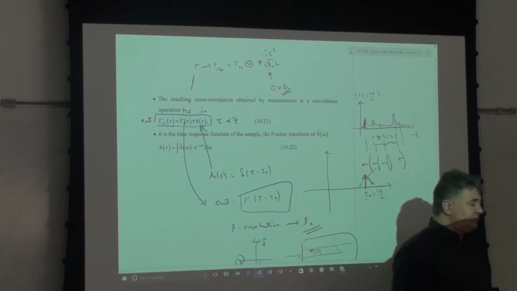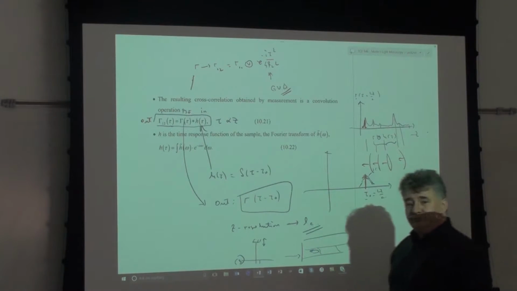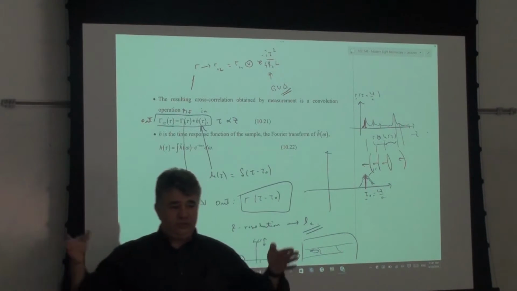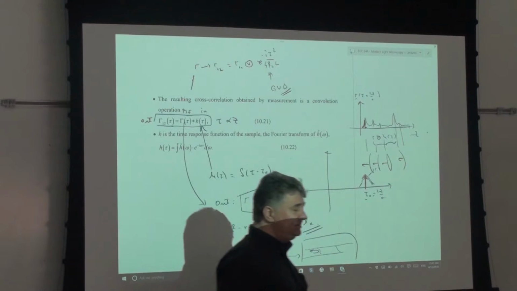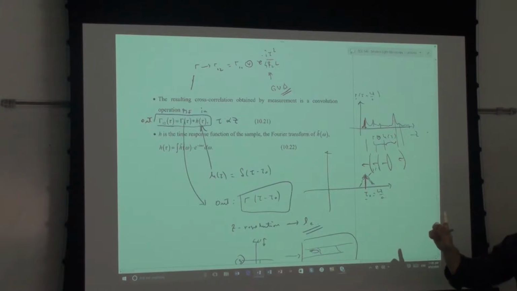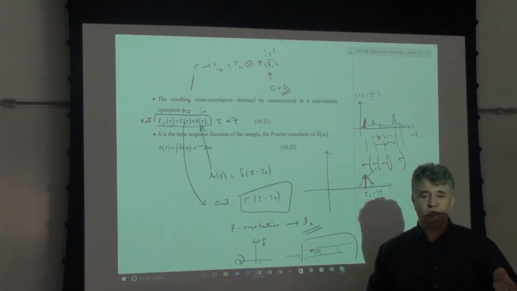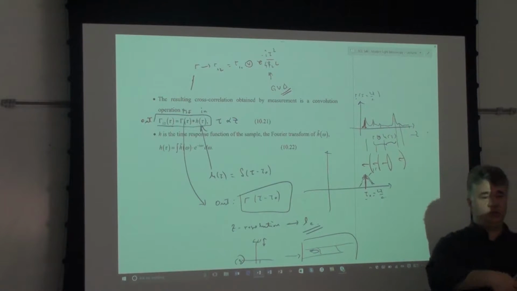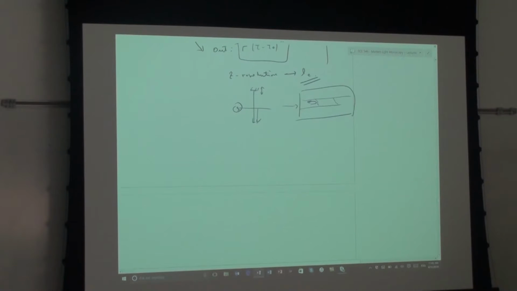And I also told you last time something very interesting that might be overlooked: the autocorrelation of each beam, of each field of the interferometer, stays exactly the same. What degrades the resolution is that you cross-correlate them. If you were to use just one beam and autocorrelate that, it doesn't care if you put a kilometer of fiber or a meter or nothing. Why?